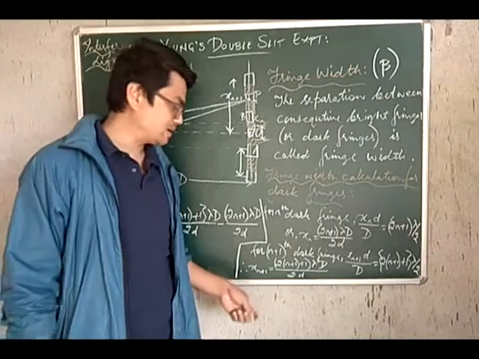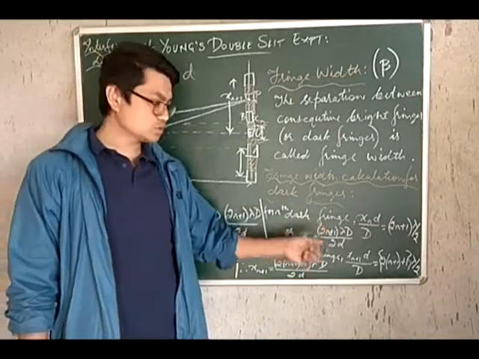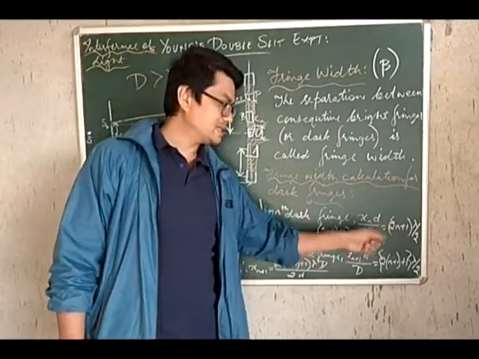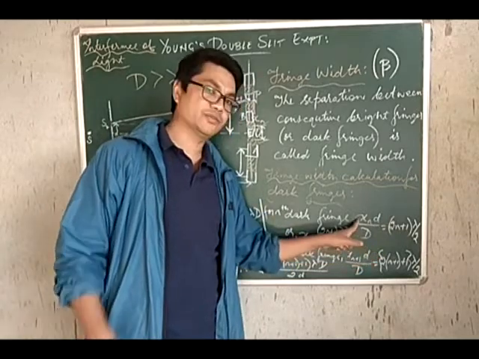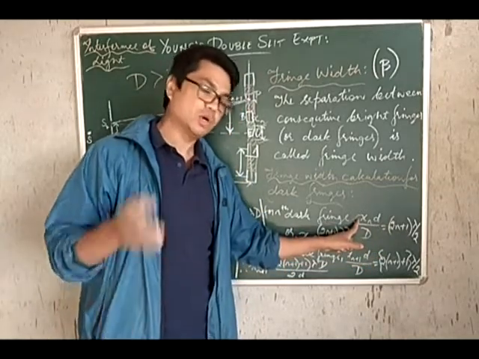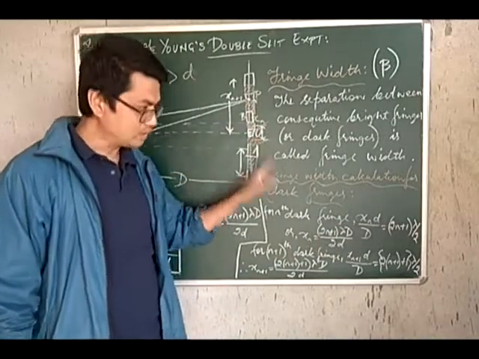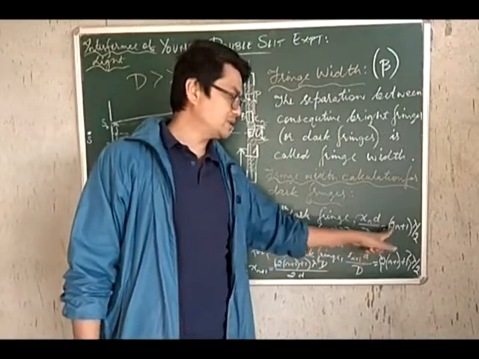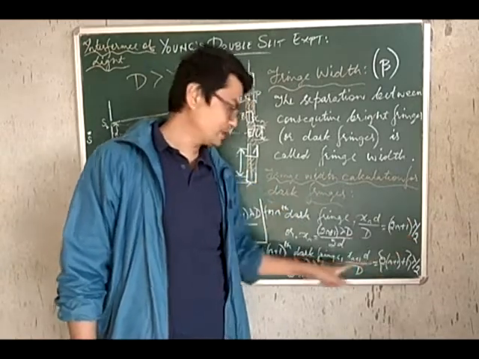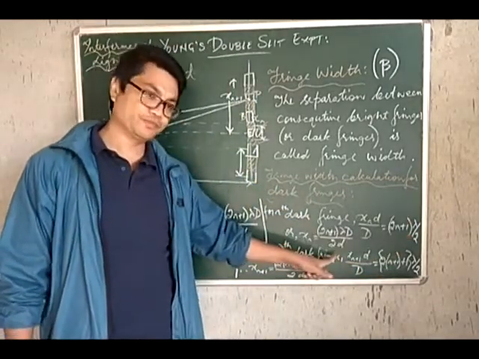Very quickly, I've shown the calculation here for dark fringes. You can check the mathematics. For the nth dark fringe, the path difference is xnd by capital D, where xn of course is the position or the distance of the nth dark fringe from our point O. So xnd by capital D is (2n plus 1) into lambda by 2, thereby xn is this much.